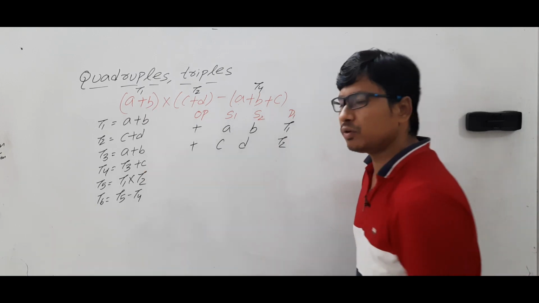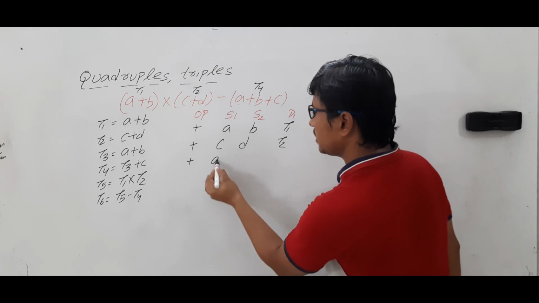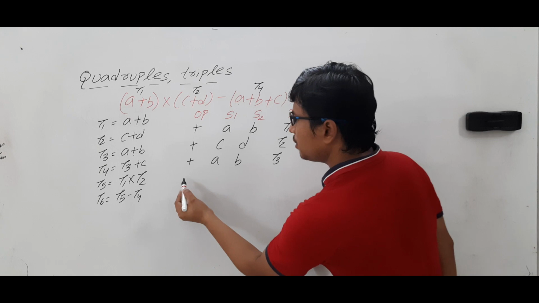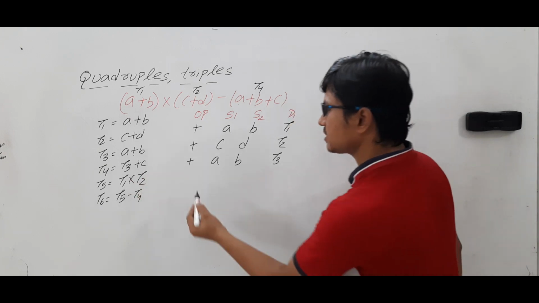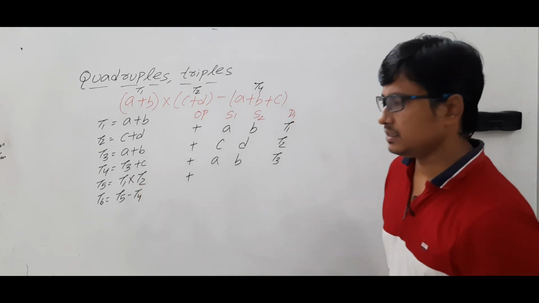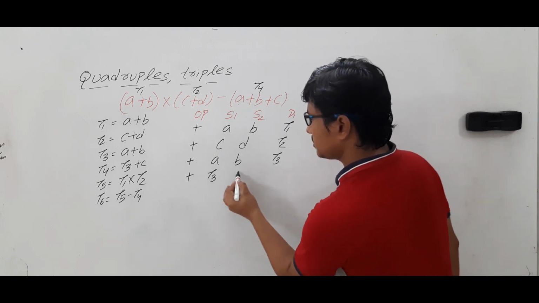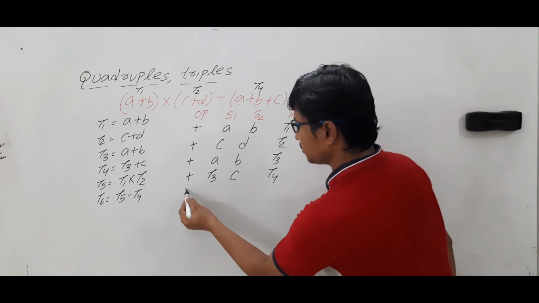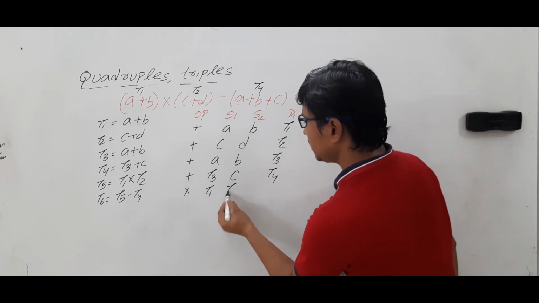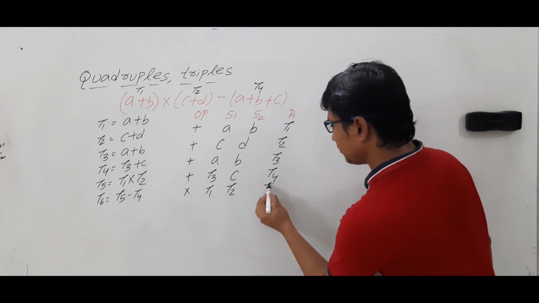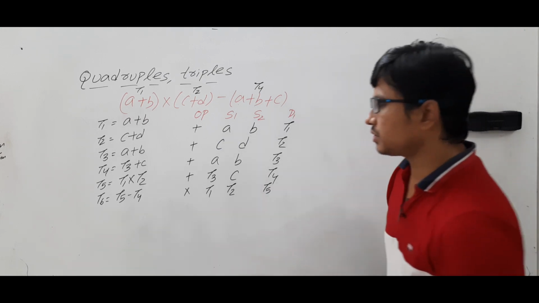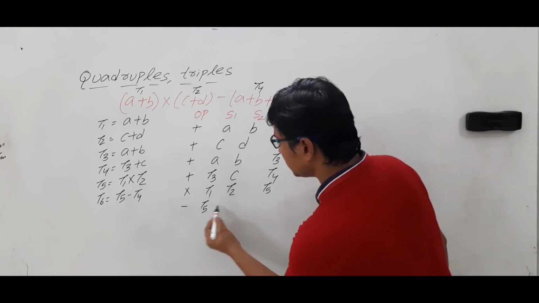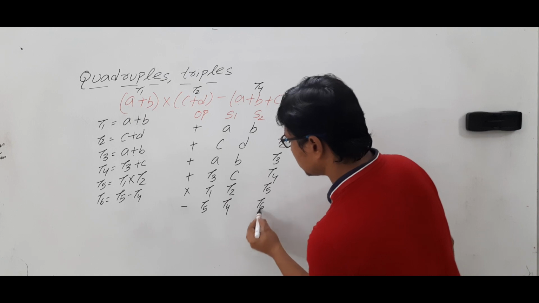And t3 is equal to a plus b: plus, a comma b, and you want to store it in t3. Now t4 is equal to t3 plus c, so plus, t3, c and t4. Now t5 is equal to t1 into t2, so multiplication, t1 comma t2 and t5. And t6 is equal to t5 minus t4, so the operator is subtraction between t5 and t4, and the result needs to be stored in t6.